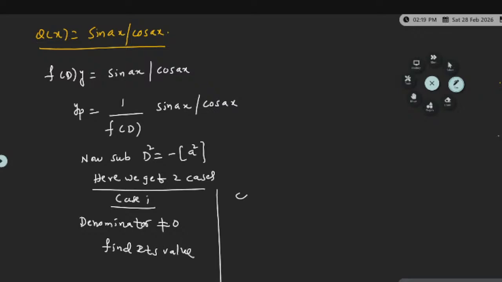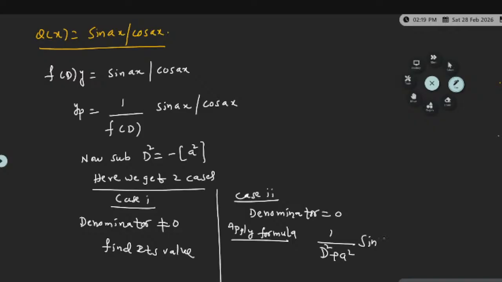Case 2: if the denominator equal to 0, then apply the formula. Here we have two formulas: 1 by D square plus a square sin ax equal to minus x by 2a cos ax. 1 by D square plus a square cos ax equal to x by 2a sin ax.